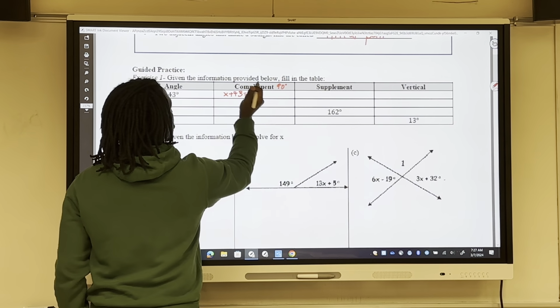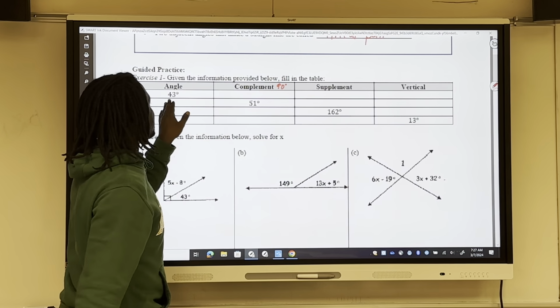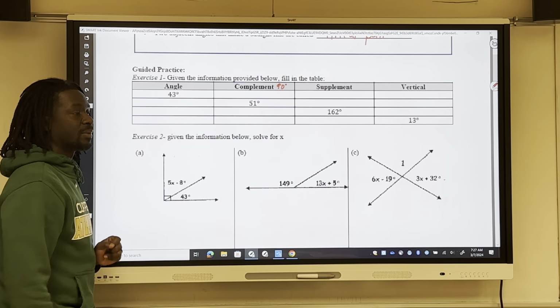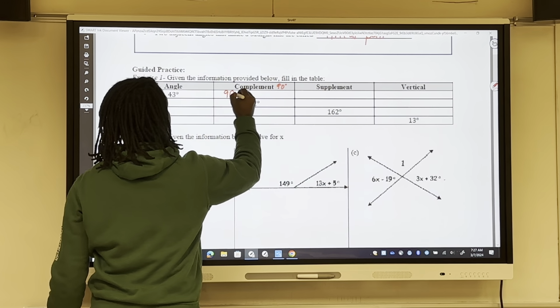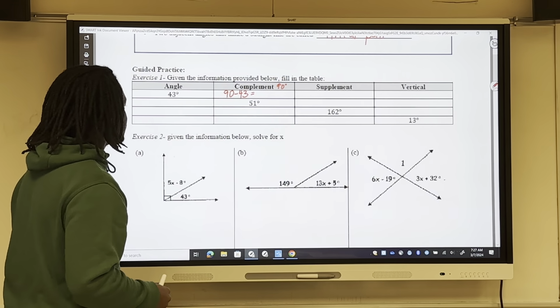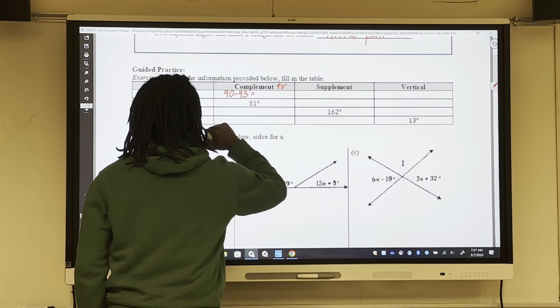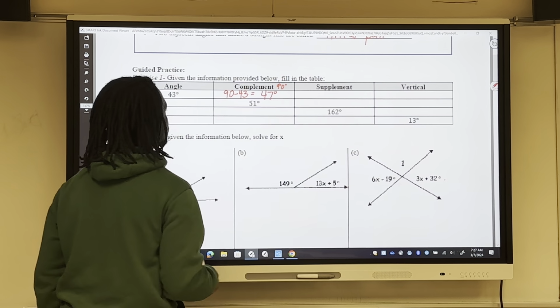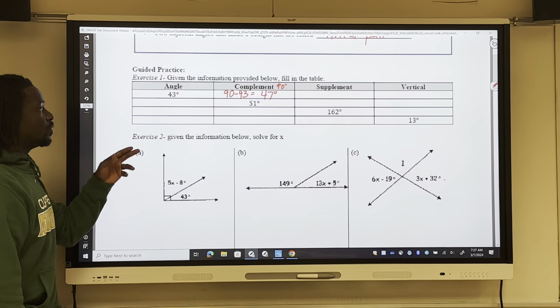All you need to know is that if these need to add up to 90, I just take 90 and subtract 43 from it. Now you can write this down: 90 minus 43 gives me 47. So the complement for that would be 47.